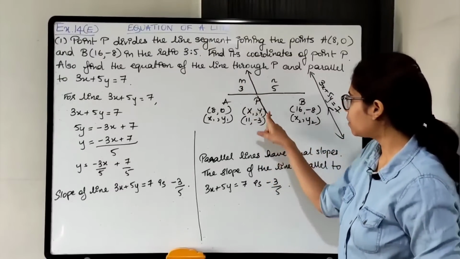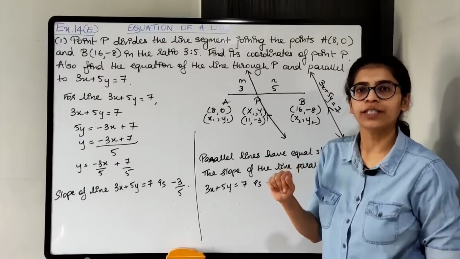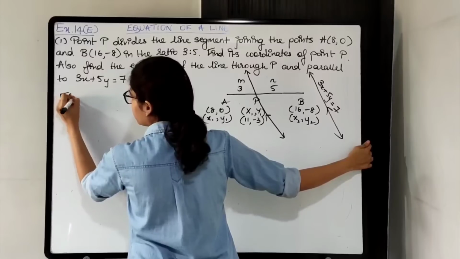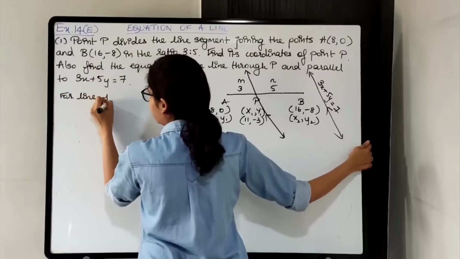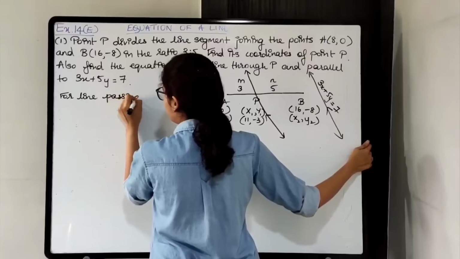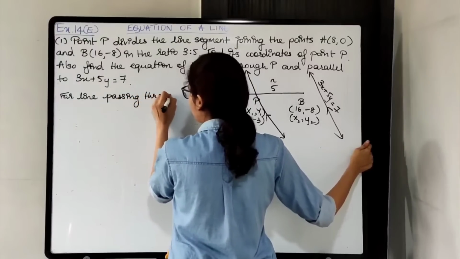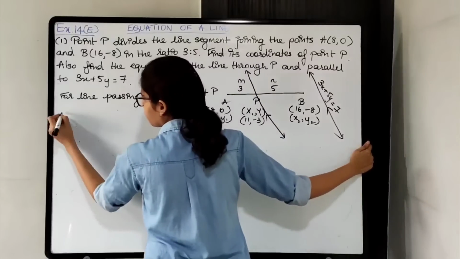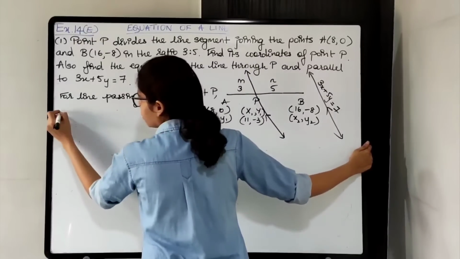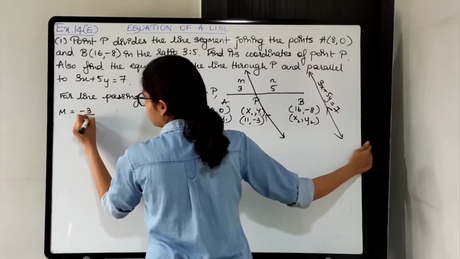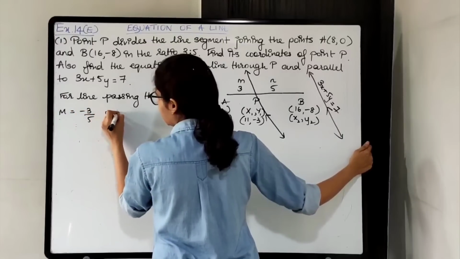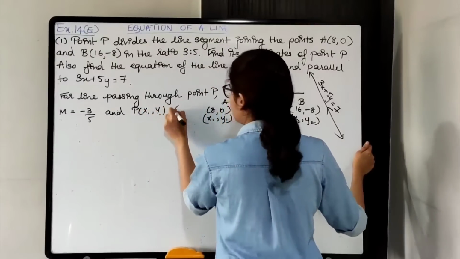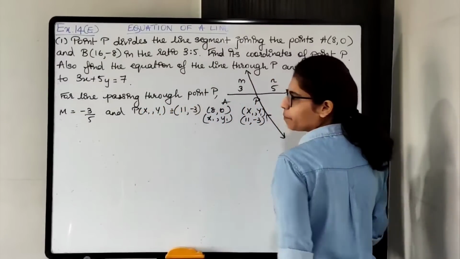Okay. So we have the slope, we have one point का coordinates, we can easily find out the equation of the line. So write down for line passing through point P, we have slope as minus 3 upon 5 and P(x1, y1) is 11 comma minus 3.